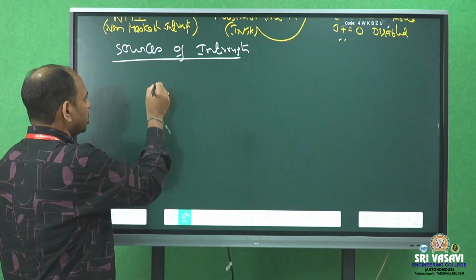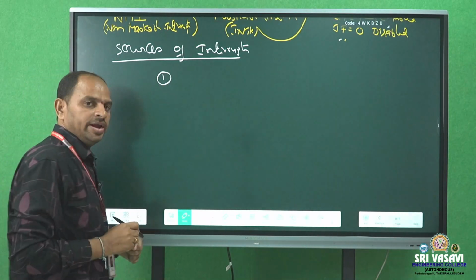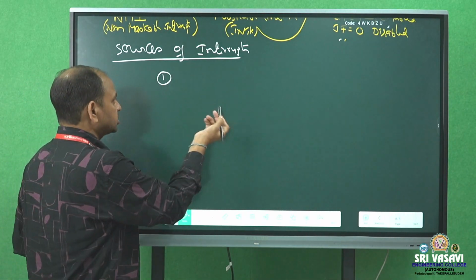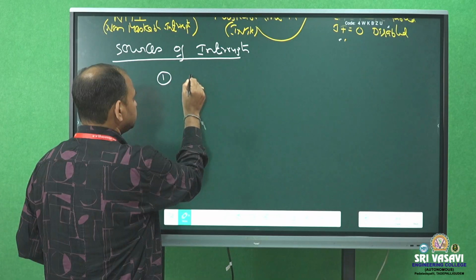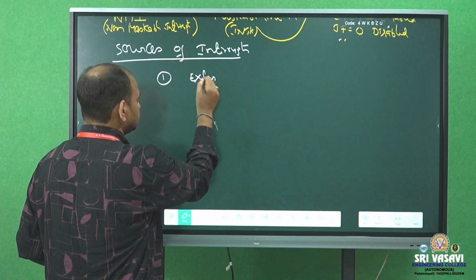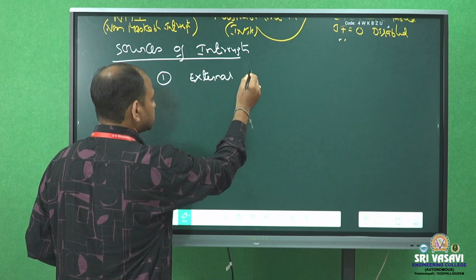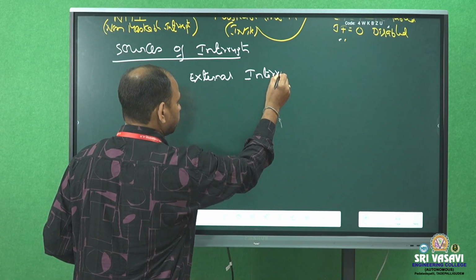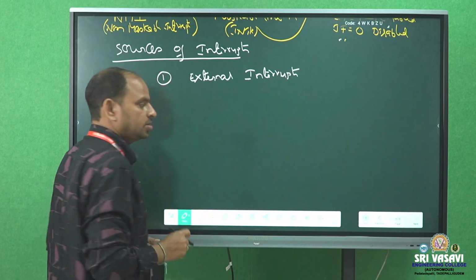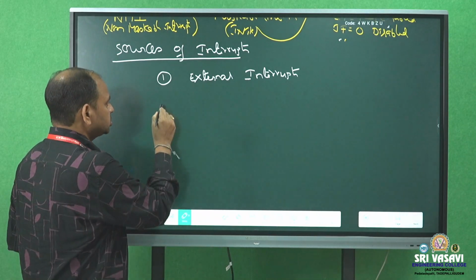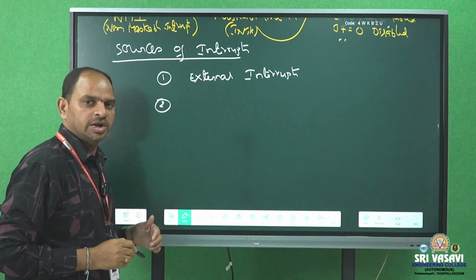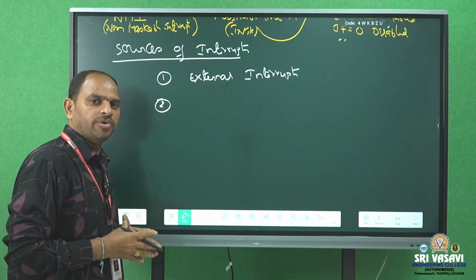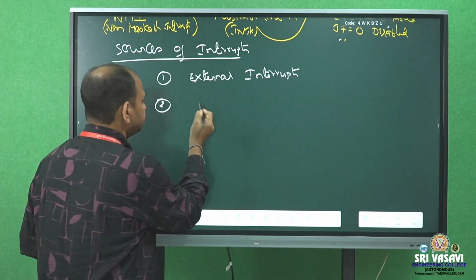The first source is interrupts generated by external devices. Those are called external interrupts. The second one is interrupts generated due to the execution of the INT N instruction.